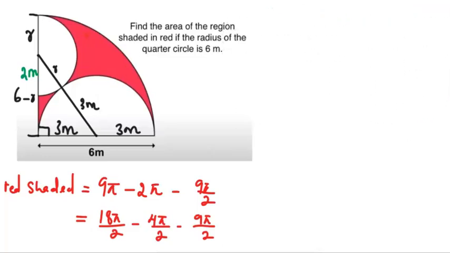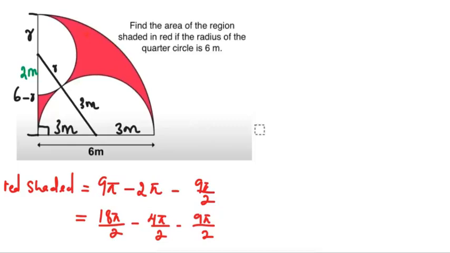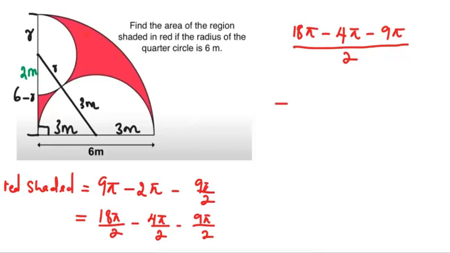So we need to subtract the numerators now. This will be 18 pi minus 4 pi minus 9 pi, then the whole of this divided by 2. So this is going to be 18 pi minus, I think that is going to be 13 pi. Yes, so this will be 13 pi, then divided by 2.